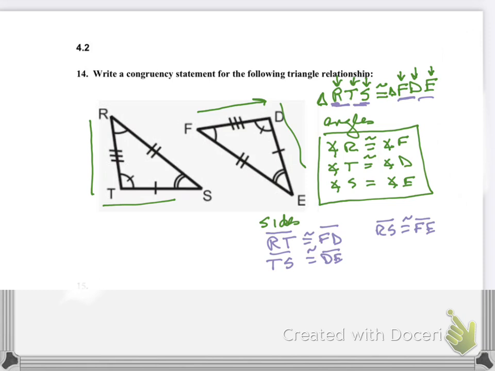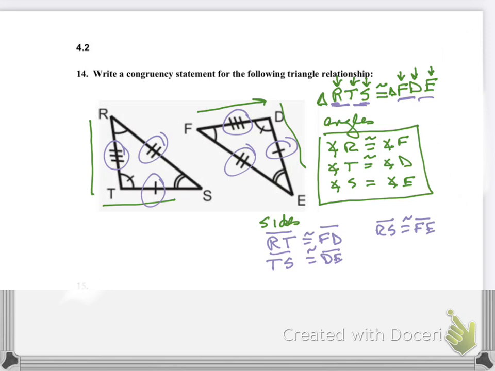Is it true that RT and FD have the same symbols? Yes. Look again. Is it true that TS and DE have the same symbols? And is it true that RS and FE have the same symbols? And I can say yes, it is.